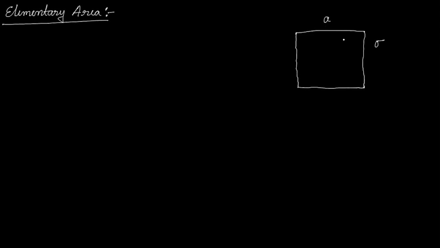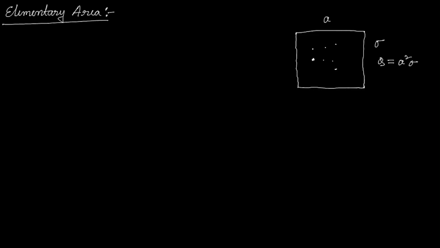Let's say the side of this square is A. So in this case, if I ask you what the total charge will be, then you can write that the total charge will be the total area of this square, A square, into sigma, and that will be the total charge. But if this charge distribution is non-uniform, meaning at different points the charge distribution has different values, at this point it has some value per unit area.